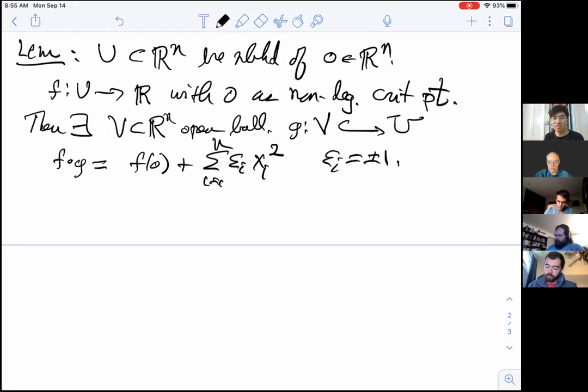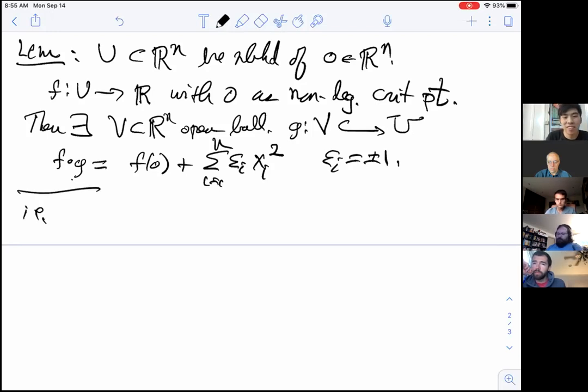So not only is the Hessian, let's suppose for just a moment for simplicity that f vanishes at the origin. So what this is saying is that you can find local coordinates so that not only is the Hessian diagonalized, but in fact the whole function is given by its Hessian.